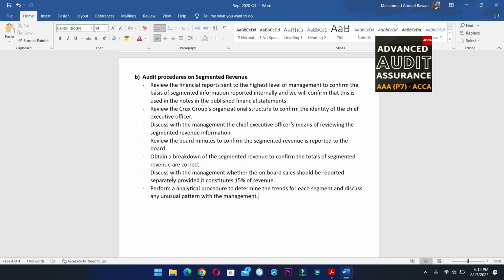And 1, 2, 3, 4, 5, 6, 7, we have drafted 7 procedures on segmented revenue out of 5 which we were supposed to mention. And always remember, don't go an extra mile ahead. You will waste your time. If the question tells you 5 marks for 5 procedures, don't go for the 6th one. Just mention 5 procedures. Always select the best procedures you can draft.